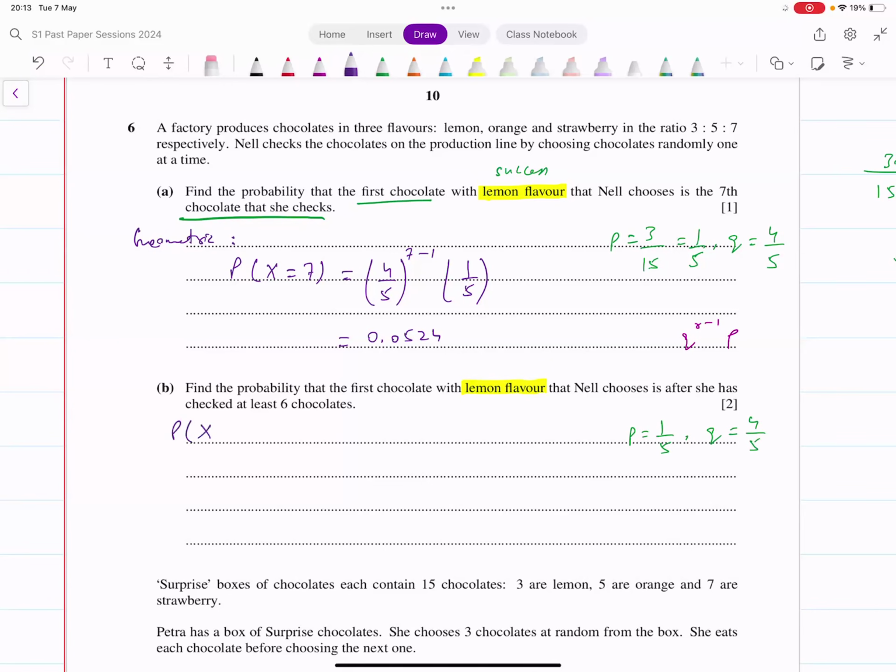We are looking for the probability of x being greater than or equal to 6. Probability of the first success coming on or after the 6th attempt. How do you think about this?